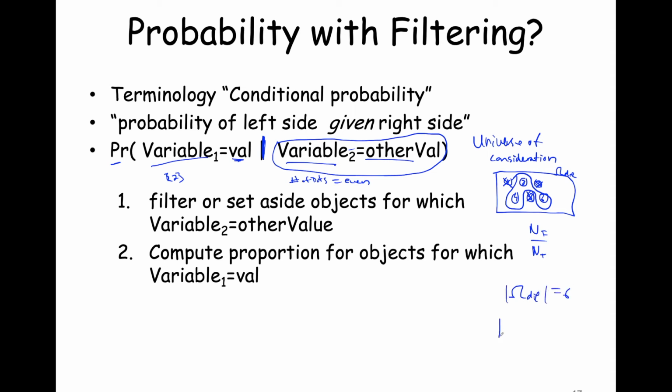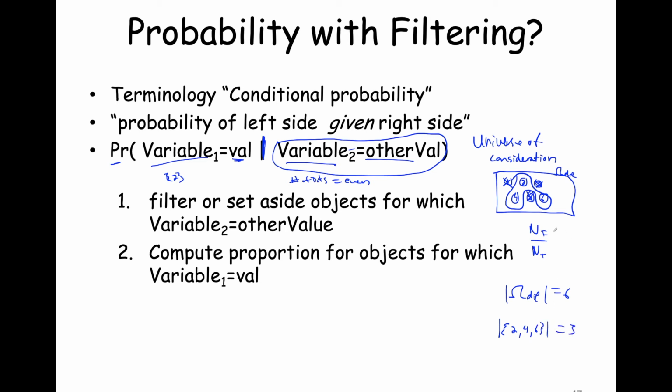It's now the cardinality of that altered sample space. My universe of consideration has changed. It's now the cardinality of the set 2, 4, 6, which is equal to 3.